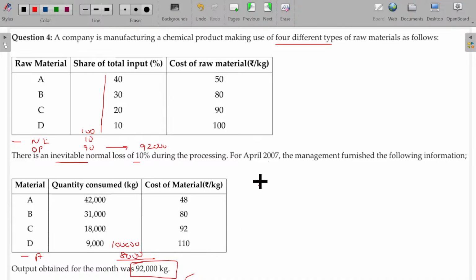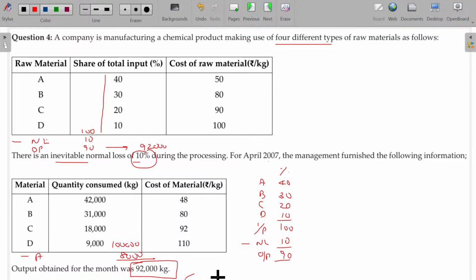In case of standard, A, B, C, D, total input being 40%, 30%, 20%, 10%, 100. This is about the total input. In that, usually we lose 10 units in the process, the output should be 90. This is in terms of percentage. To compare the standard and actual, output should be the same.